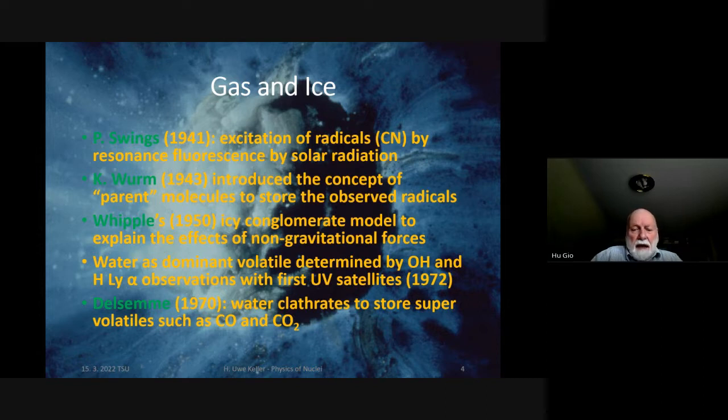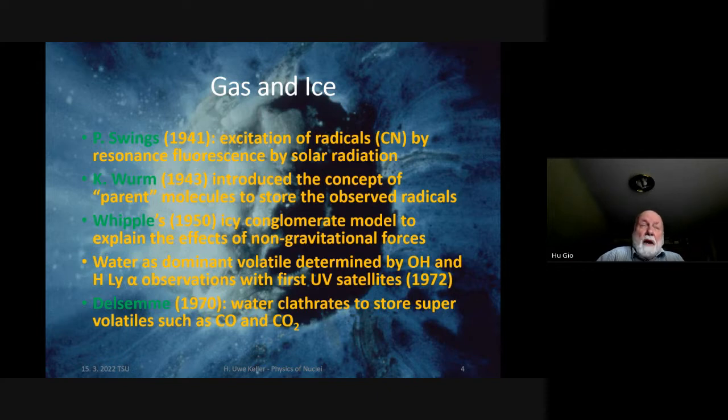Then the other problem we saw at that time is that when comets come close to the sun, the activity usually starts at around 3 or 3.5 astronomical units from the sun, and the activity starts all together. That means we observe water, CO, and CO2 at more or less the same time. And there was a question, how can it be?